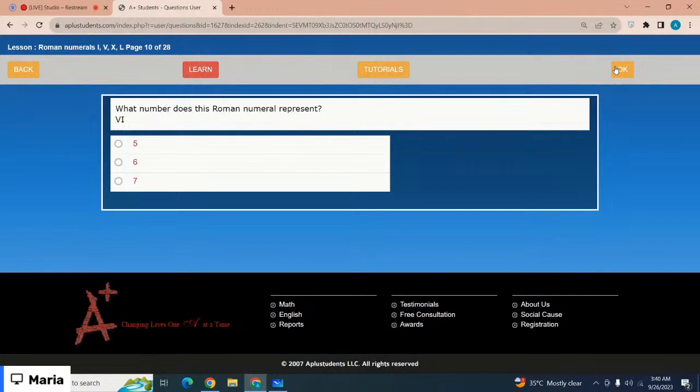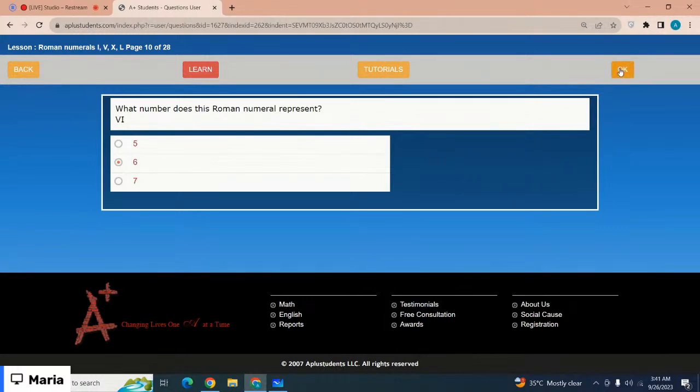What number does the Roman numeral represent? So, which is the correct option? VI, that is 6.